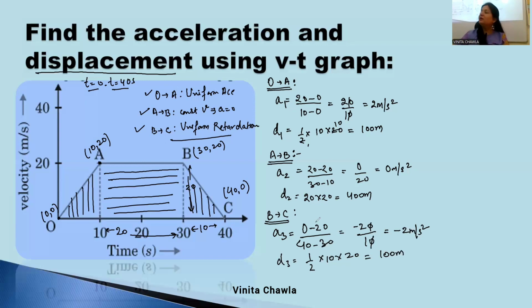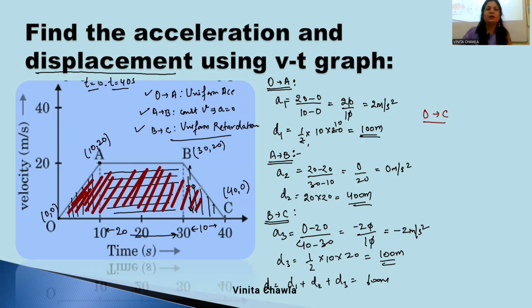Now we can add D1, D2, D3 to get the net displacement. So D is equal to D1 plus D2 plus D3. Now we find the area of the trapezium. It's half into the sum of parallel sides multiplied by the distance between the parallel sides.